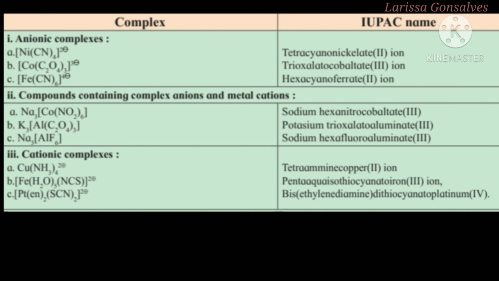Here ethylene diamine is twice, so we will write it as bis(ethylenediamine)dithiocyanatoplatinum, and then the oxidation state of platinum, which is 4. So the IUPAC name is bis(ethylenediamine)dithiocyanatoplatinum(IV). You can put ethylene diamine in the bracket since you are writing it in full form, which you are supposed to do.